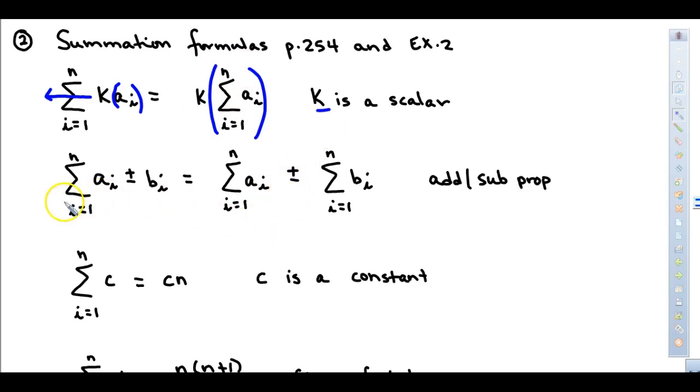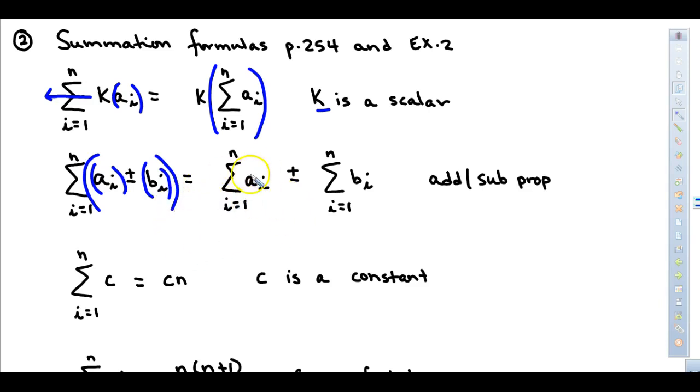This property right here says, well, what if you're adding together more than one function? Maybe you've got function A added or subtracted to function B, but you want to plug I into both of them and get that summation. Well, this is the same property as what we did with differentiation and with limits, and now we can do it with summation and what we were just doing in lesson 4.1 with integration.